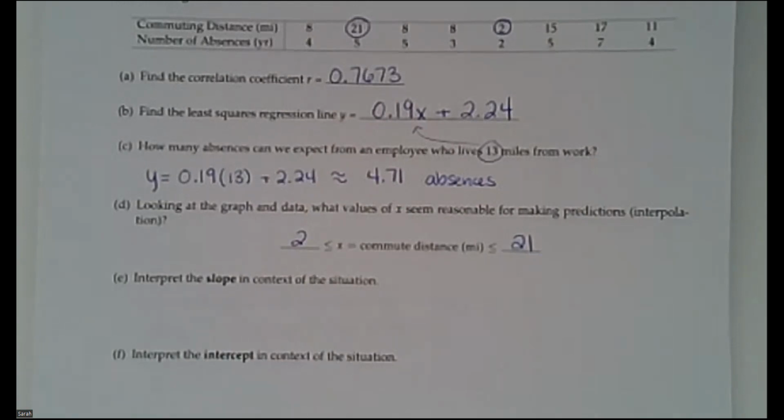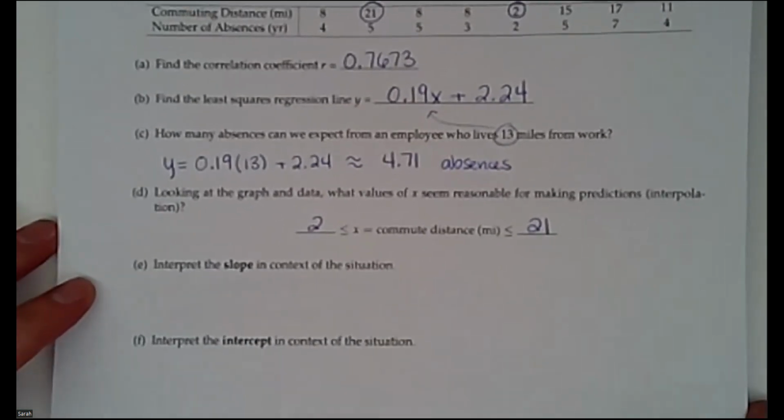All right, and then we have 2 interpretation questions. This is for the slope and the intercept. So again, this is something we looked at in 1.4. We practiced again at the beginning of 1.6. So let's give this another try.